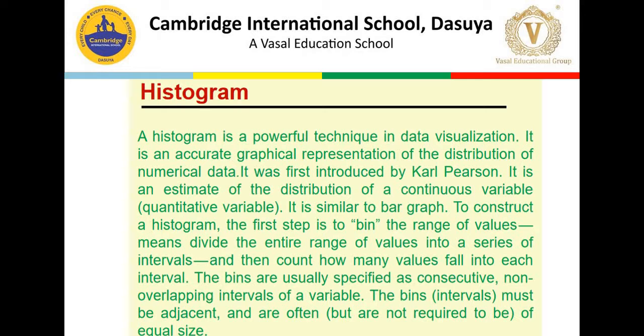So bins, that is the intervals, must be adjacent, meaning 10 to 20, 20 to 30, like this, and are often of equal size. So most of the time we have intervals of equal size.